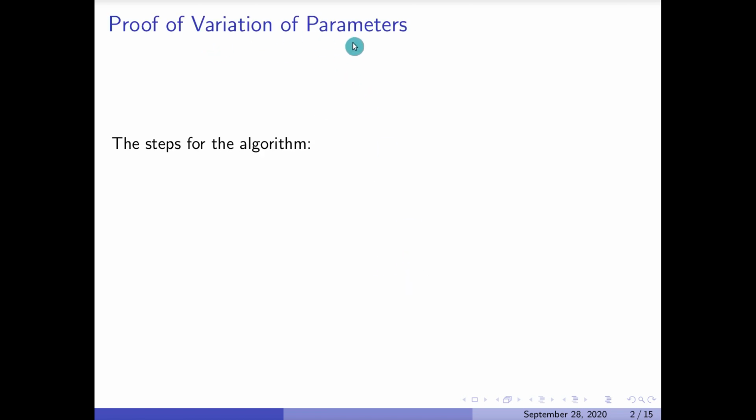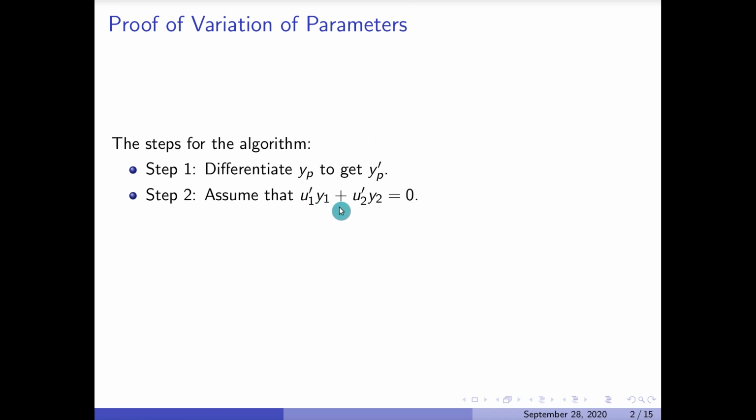Good. So let's prove the variation of parameters. The steps for the algorithm are that we're going to first differentiate our ansatz to get yp prime. We're going to assume something extra, because we have an extra condition that we need to specify in order to make u1 and u2 well defined.